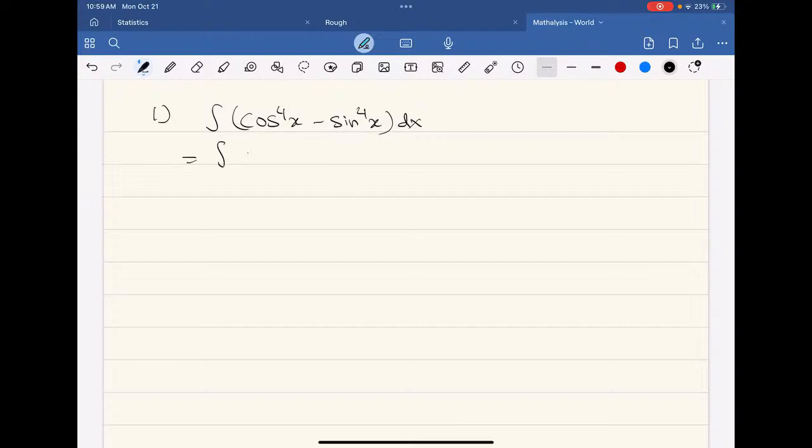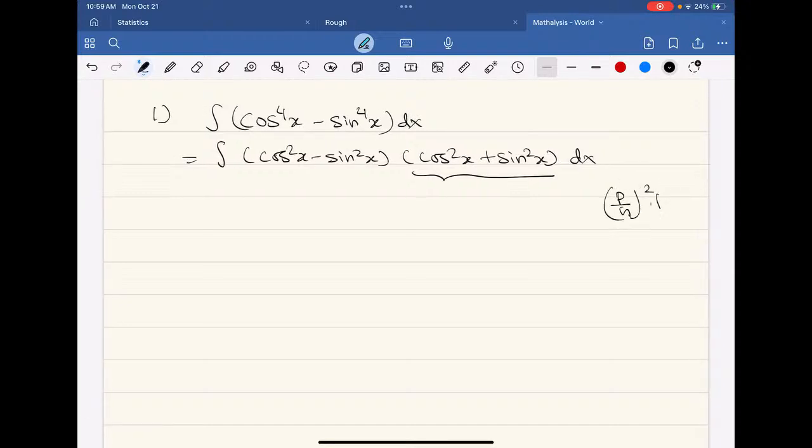So let us just factorize this: cos square x minus sine square x, times cos square x plus sine square x, dx. Now we know that sine square x plus cos square x is just 1. The reason is sine x is p by h and cos x is b by h, and if you add their squares, this will be p square plus b square by h square, which is h square by h square, so that's 1.